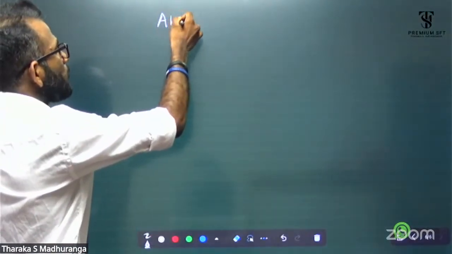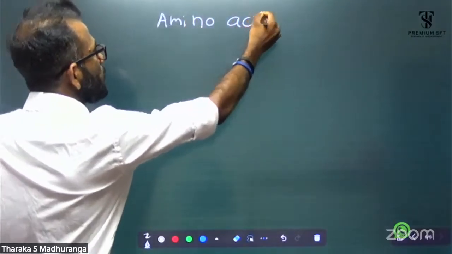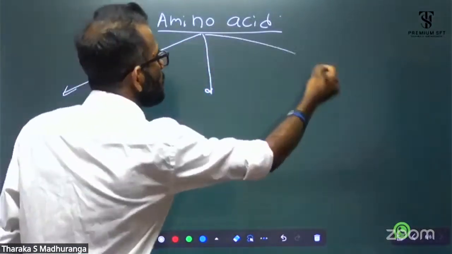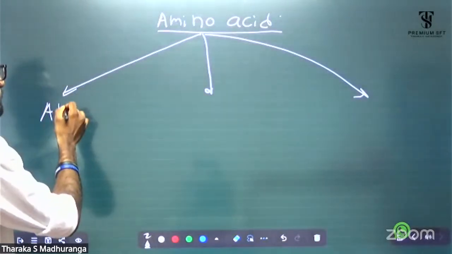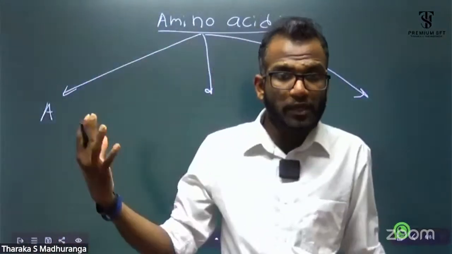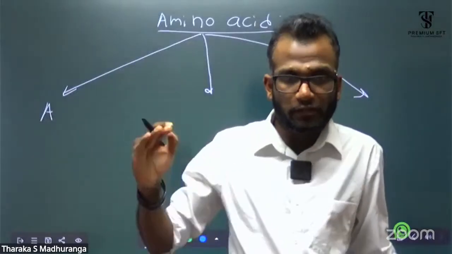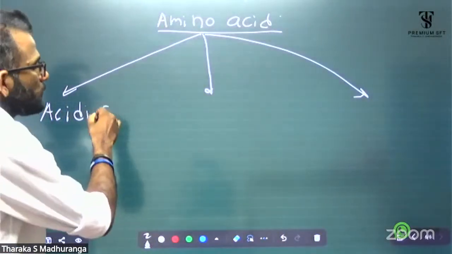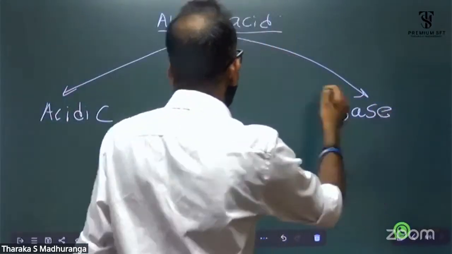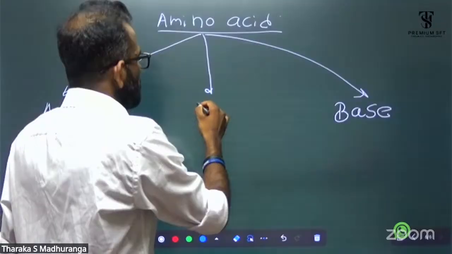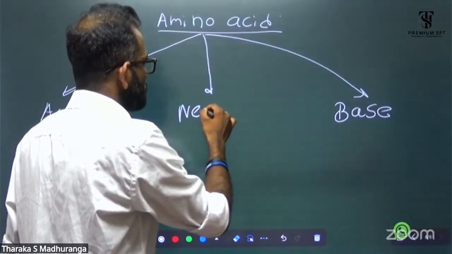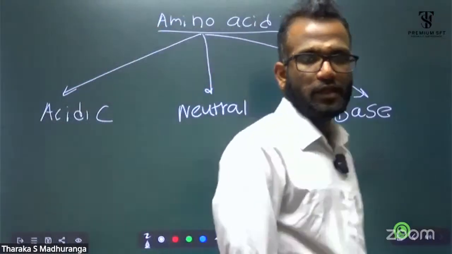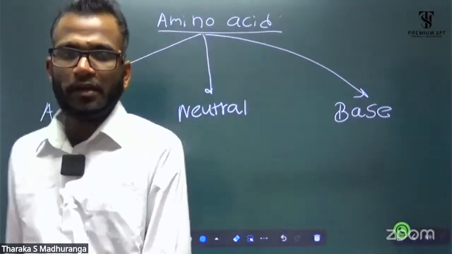We can classify them again into three main categories: acidic amino acids, neutral amino acids, and base amino acids. Acidic amino acids have a pH value less than 7.